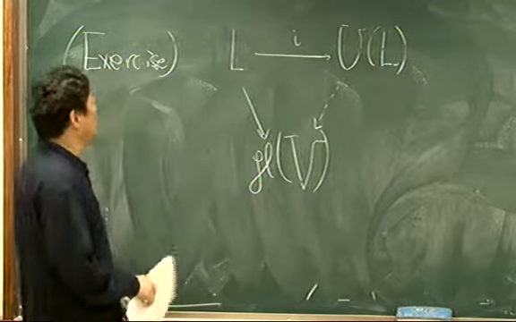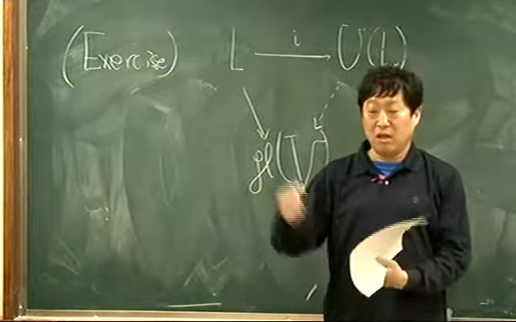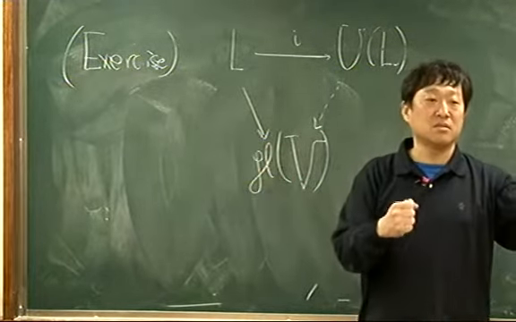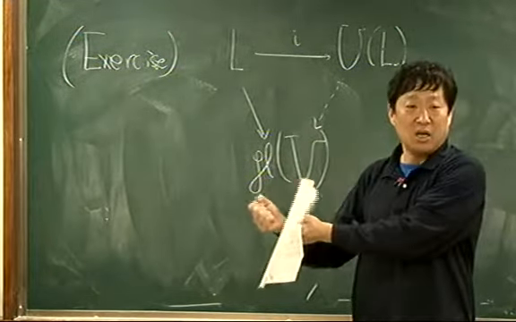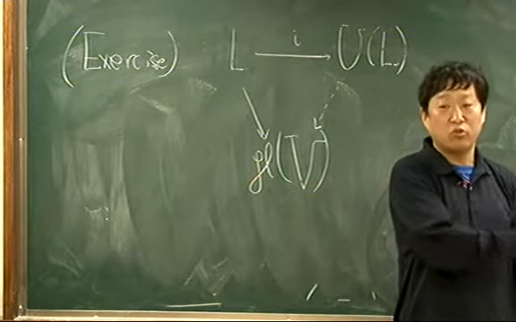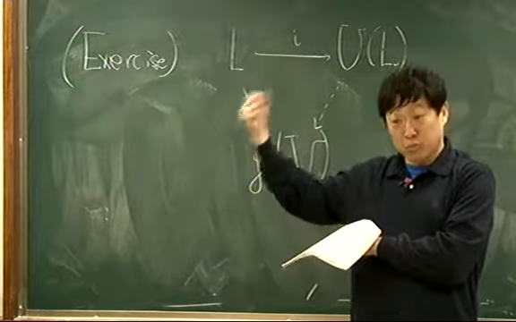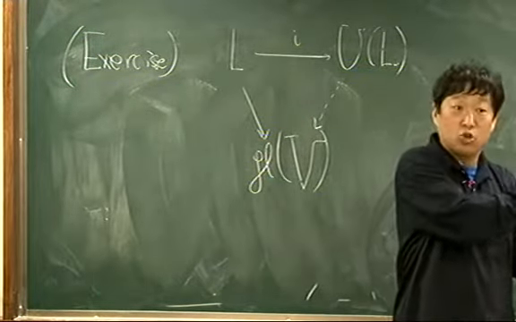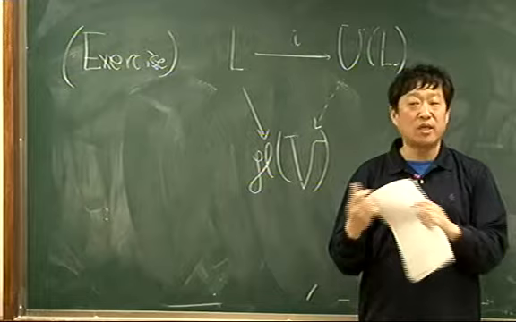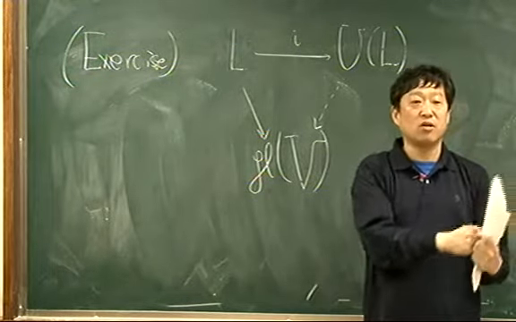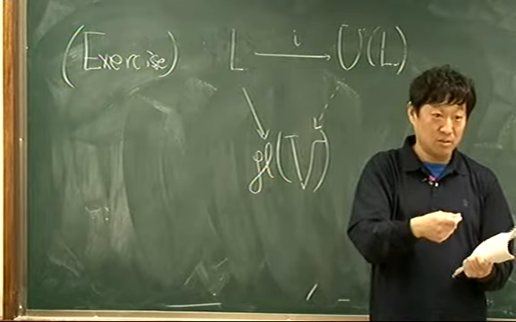So by the Poincare-Birkhoff-Witt theorem, an L module is the same as a UL module. So the representation theory of a Lie algebra is the same as the representation theory of its universal enveloping algebra. The same is true for groups. Representations of groups are the same as representations of group algebras. In this way, we can study the representation theory of Lie algebras using associative algebra theory.